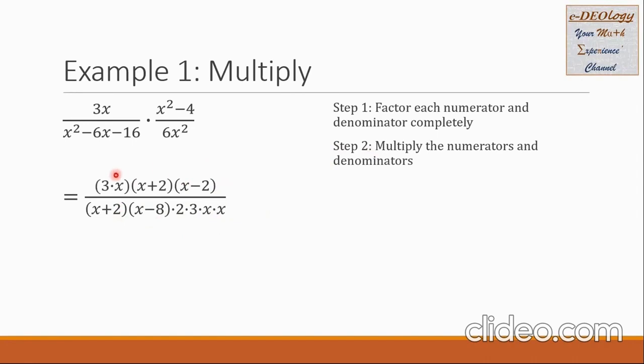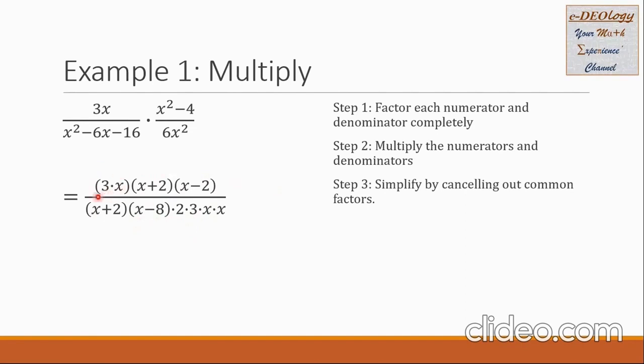The 3 times x times the x plus 2 times x minus 2 in the numerator. In the denominator is the x plus 2 times x minus 8 times 2 times 3 times x times x. And then step 3, we're going to simplify by cancelling out common factors.